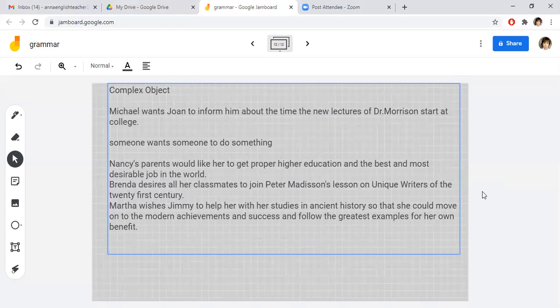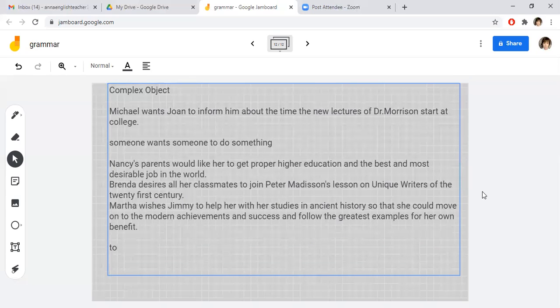And as I said, we're also going to look at to. And for this purpose, we just need a couple of examples.